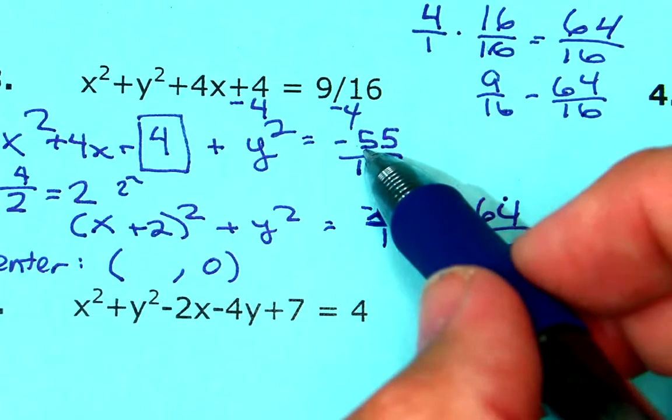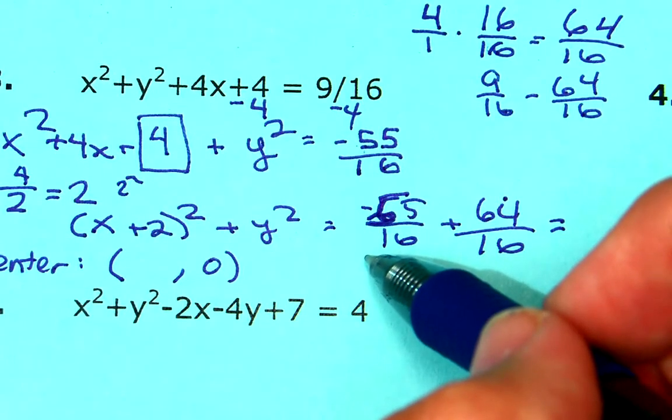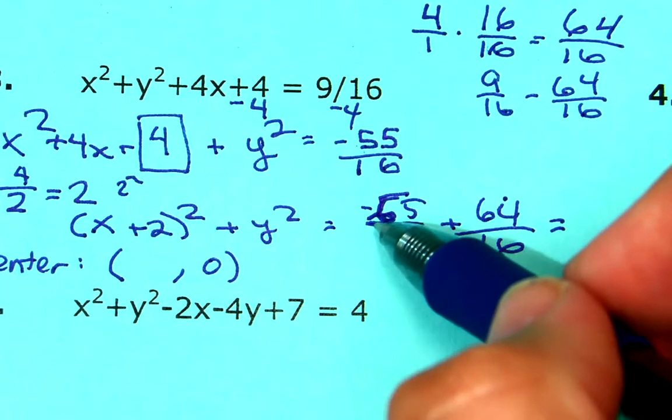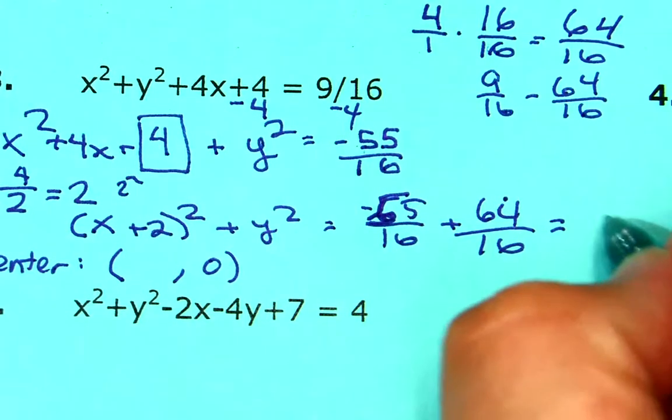Didn't I subtract 4 and then I added 4. So what did I really do? If I gave you $10 and then you paid me $4 and then I gave you $4, how much money would you have left? $10. So it's 9 over 16 all over again.